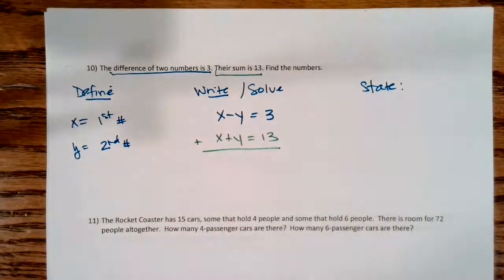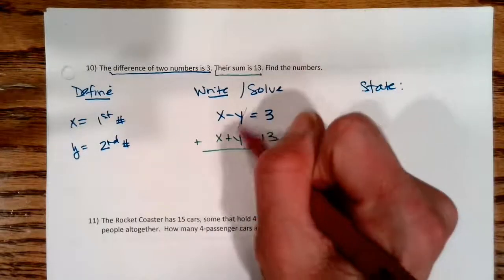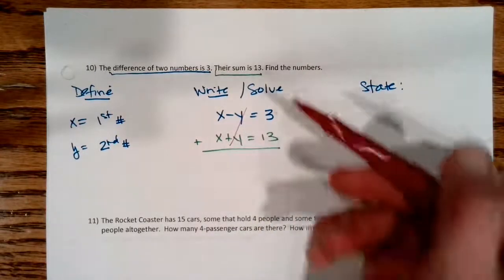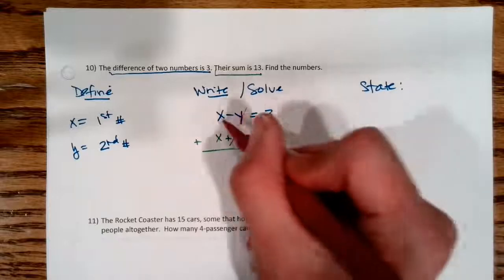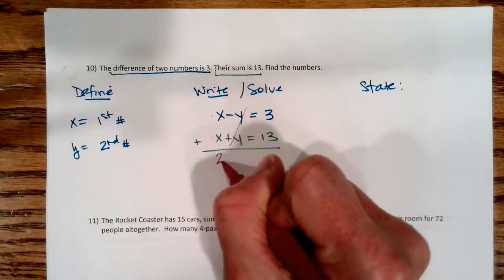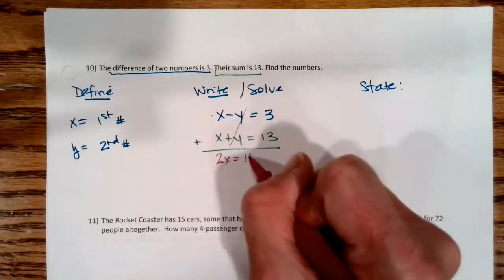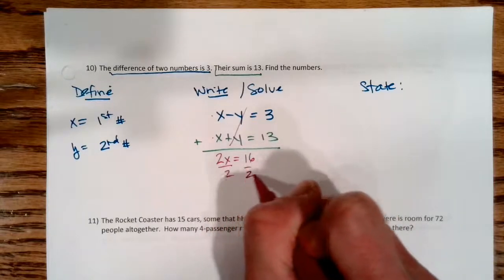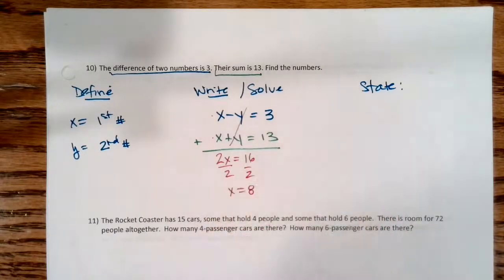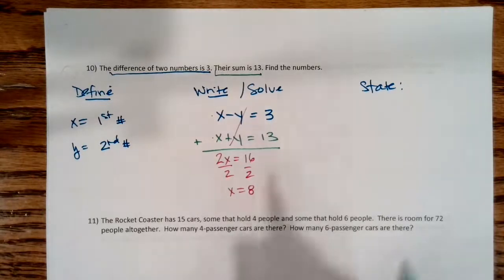These are great elimination equations because I'm set up here to have a 0 pair. 1x plus 1x is 2 x's. 3 plus 13 is 16. So I can solve, and I have 8 for x. Once I know x, I can go back and solve for y.